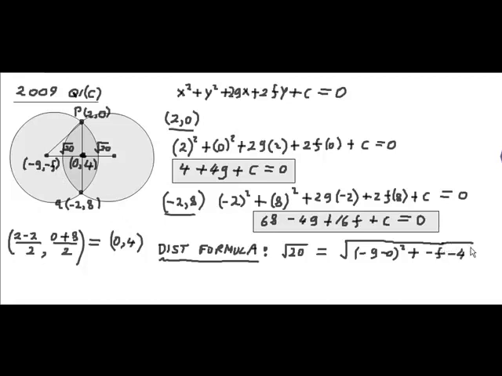Square both sides, get rid of the roots, and we get 20 is equal to g squared, minus g squared being plus g squared, plus (f plus 4) squared, taking out the minus. And there's our third and final simultaneous equation.